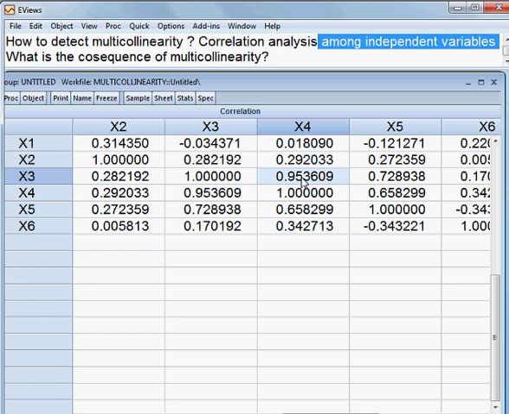What is the guideline? The guideline is that out of x3 and x4, the one which has the higher p-value, that one I should drop. I am telling again, the one which has the higher p-value, I should drop.